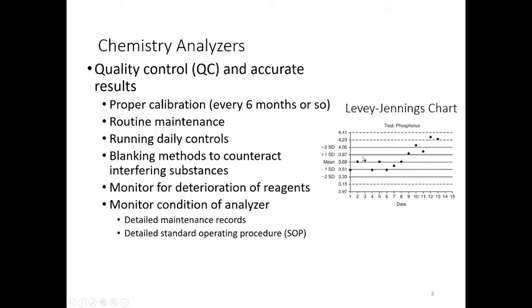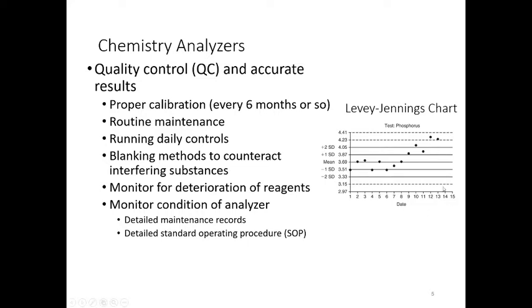Abaxis does not. They will send us a known sample that has been tested on the perfect machine, and we will make sure that our machine also tests it at the right level. If it reaches outside of those levels, we know our machine is not working perfectly.